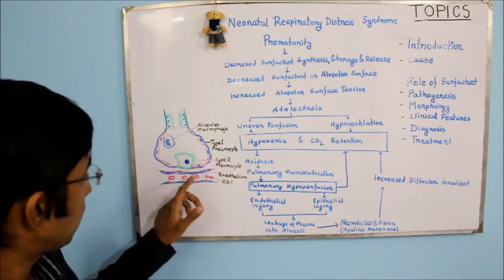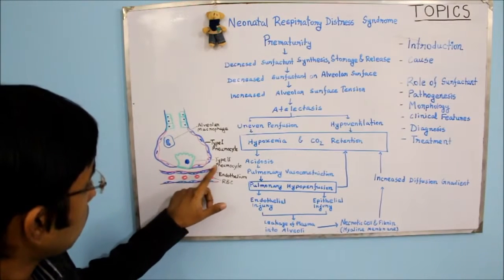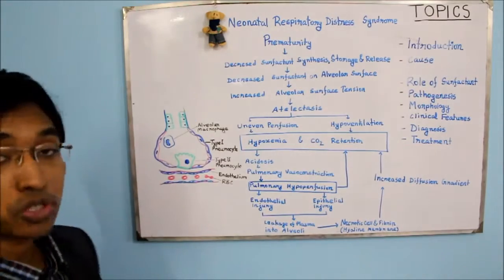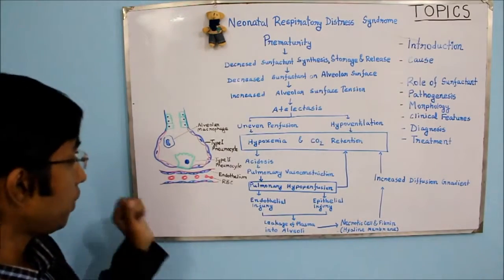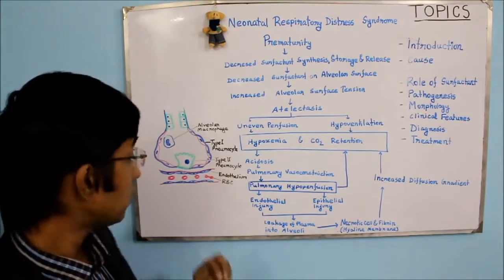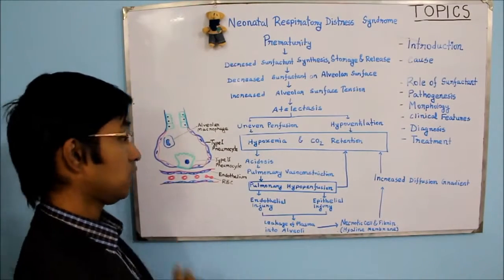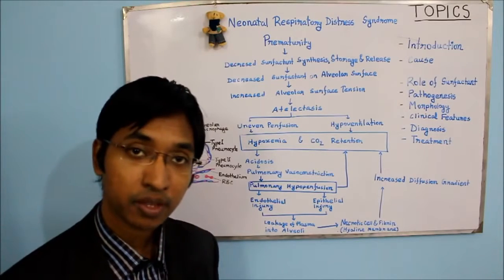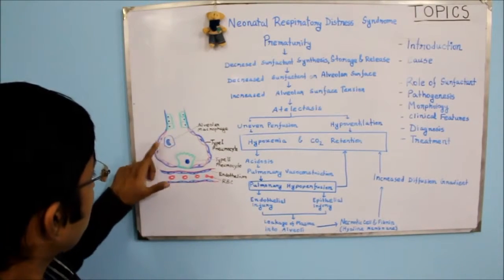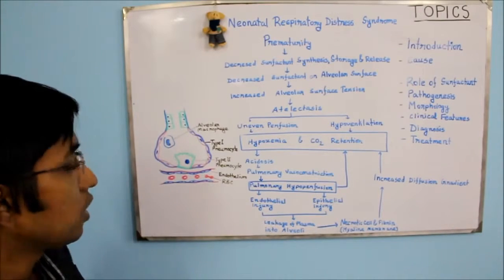And also notice that we can see another type of pneumocyte here, and that is type 2 pneumocyte. And surfactant is synthesized, stored and released from this type 2 pneumocyte. And you can also see that we are seeing alveolar macrophages inside the alveoli as well.